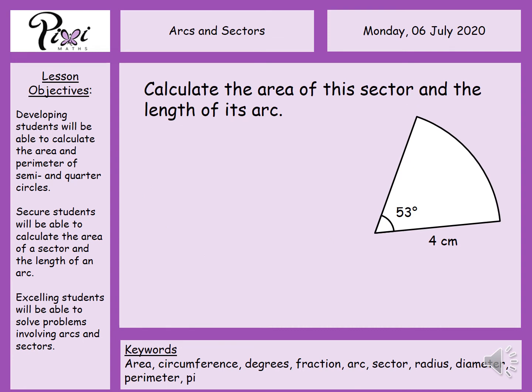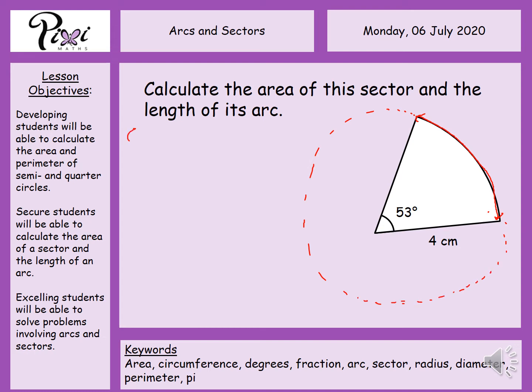Okay, so that's just the area of the sector. For the arc length, that is the length of this outside section. So what we would need to do to work out that is again working out the full circle, but we've only got a fraction of that. So we work out what fraction we have and then we times it by the full amount.